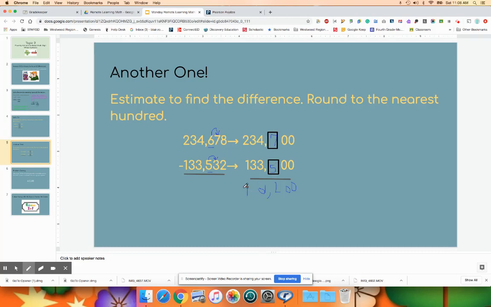This estimate here is going to be closer to the actual difference than if I rounded to the hundred thousands place. Okay, so again, the closer you are to rounding to the actual number, the closer your estimate will be. And sometimes it's important to have a closer estimate, and sometimes it's okay if your estimate's a little bit larger, depending on the circumstance.